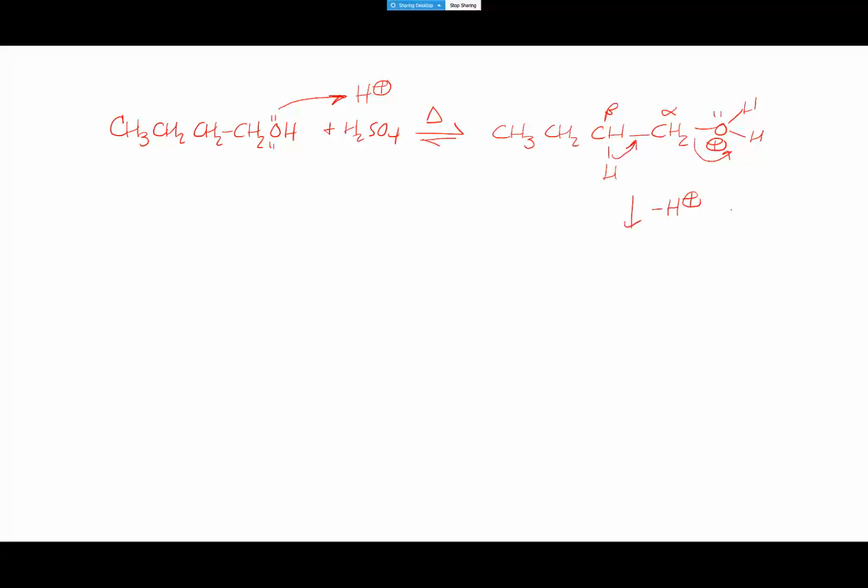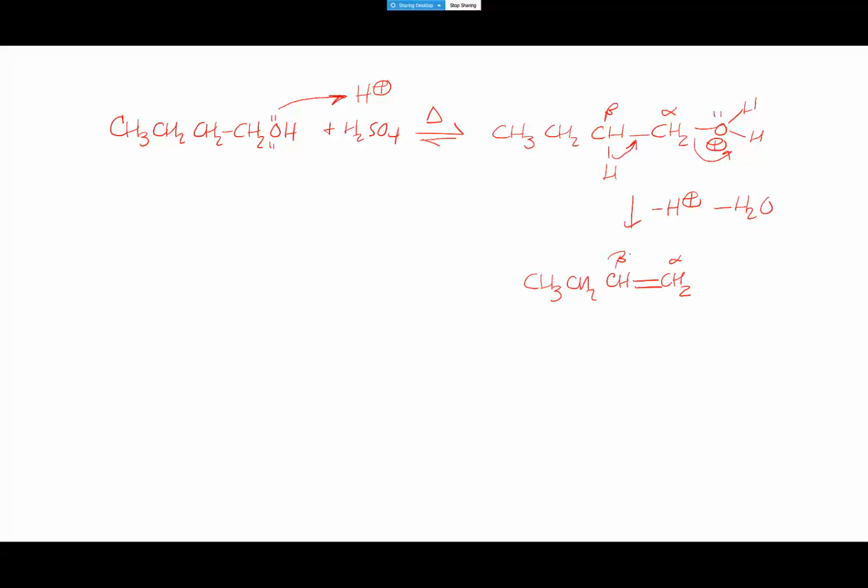I'm going to lose the H plus, and I'm going to lose the H2O. And what am I going to do? I'm going to form a double bond between which two carbons? The alpha carbon and the beta carbon.